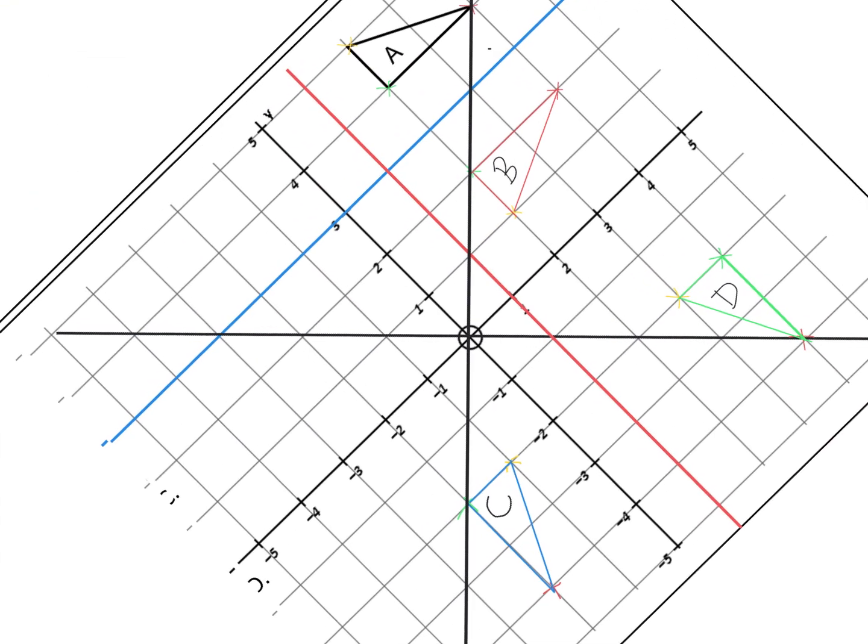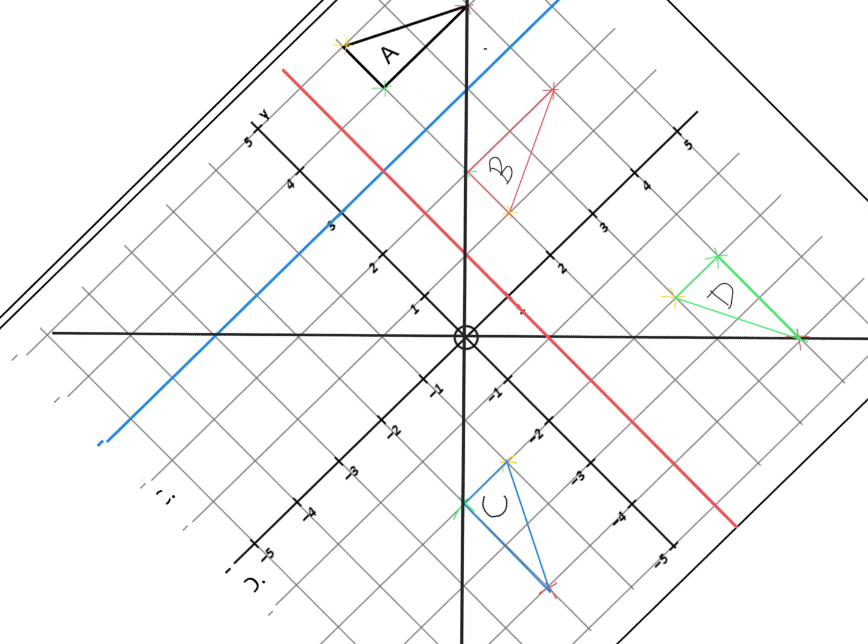And then I've got my D is here. So I've got to go all the way to that mirror line. And this is actually a good guideline here. If I take this red point, if I'm going straight to the mirror line, the quickest, shortest route is along that black line there, a distance of 1, 2, 3, 4. So do the same on the other side, 1, 2, 3, 4. So the red point is here.